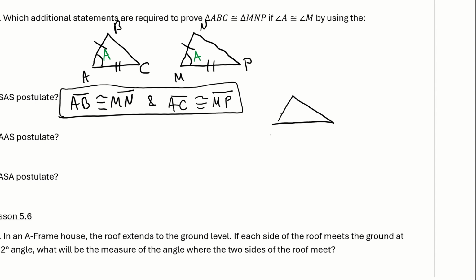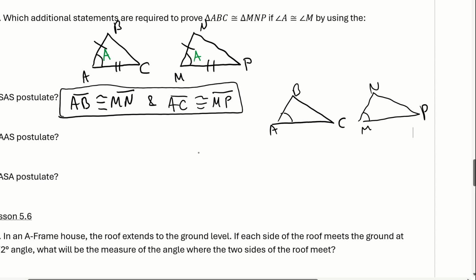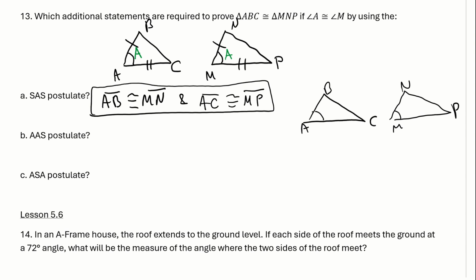Okay, so we got A, B, C. This is congruent to this. Okay, so for AAS, I would need to know this is congruent to this, and then maybe this is congruent to this, and that would be AAS, right?